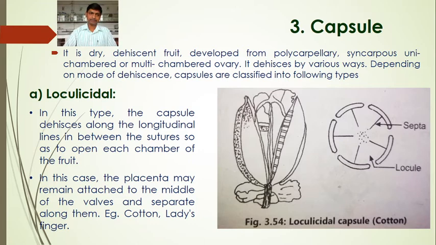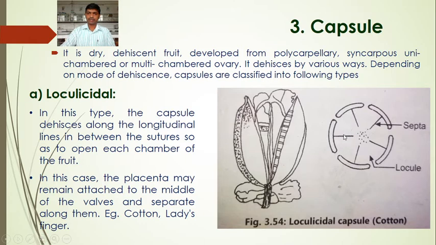In this type, the capsule dehisces along the longitudinal lines in between the sutures so as to open each chamber of the fruit. Here are the sutures that we see as lines. The capsule opens longitudinally in a vertical direction, in between the sutures.